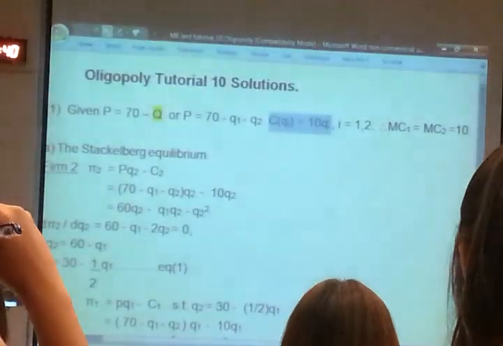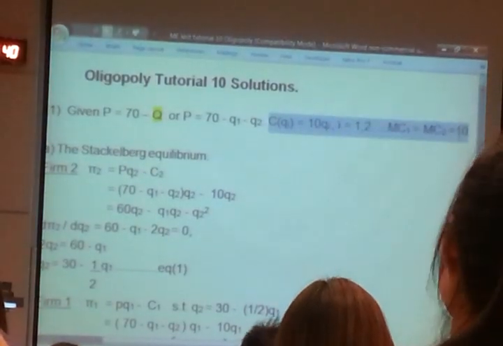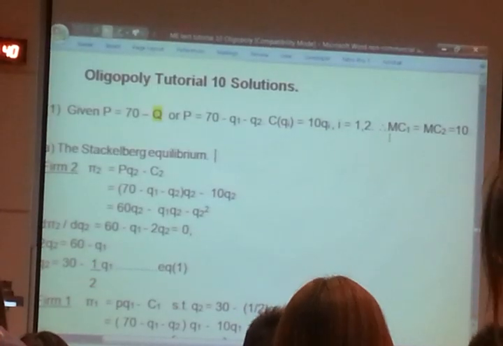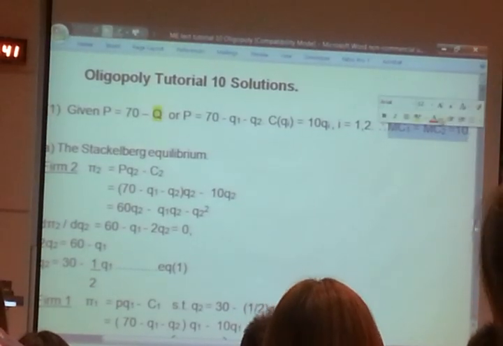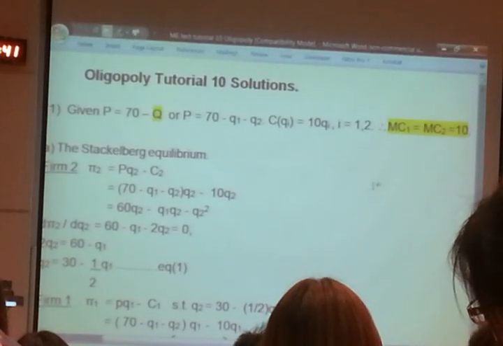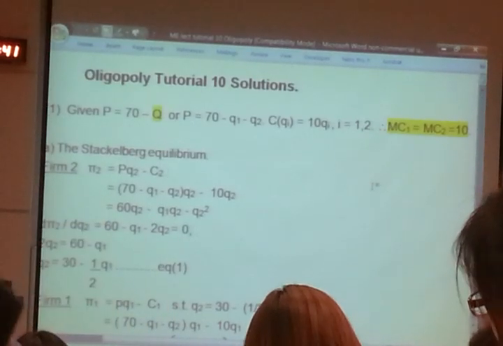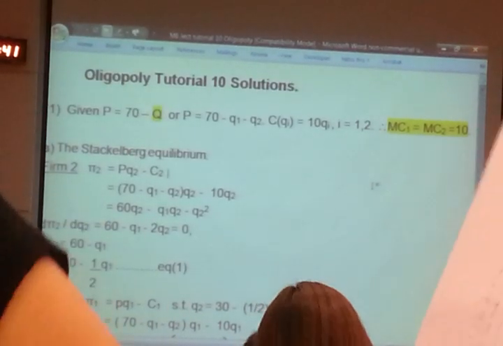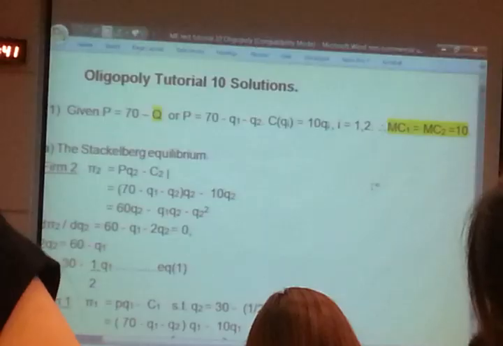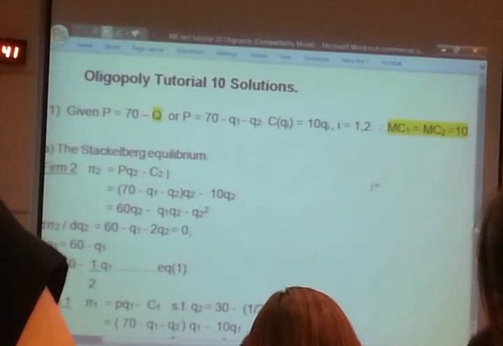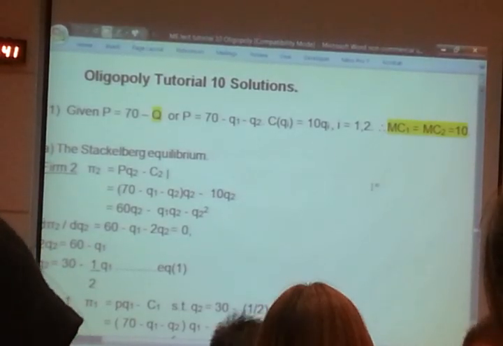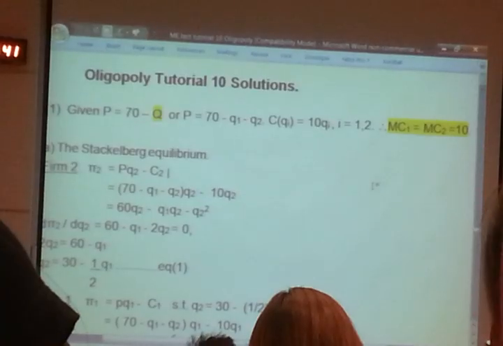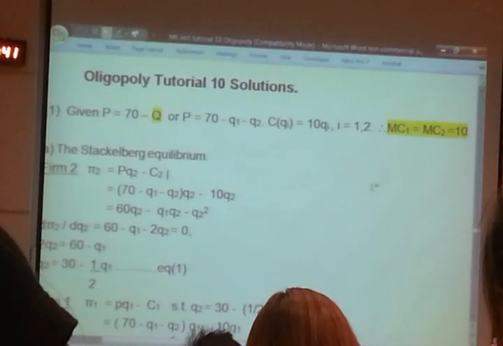Now, if we look at the cost function, it's marginal cost. Can anyone tell me what's the average cost? What's the average cost for every firm? How much is the average cost for every firm?